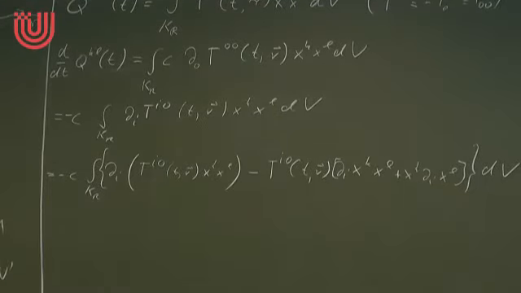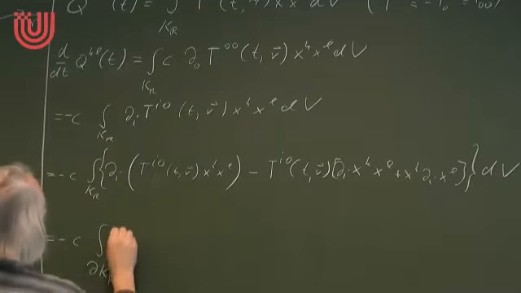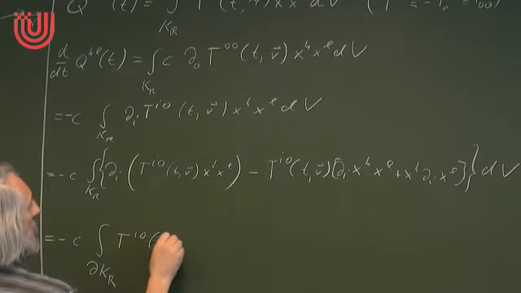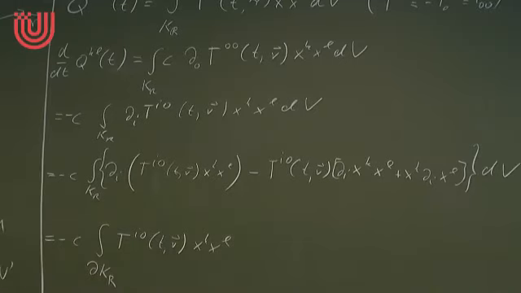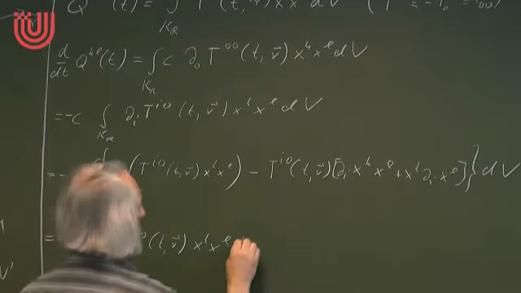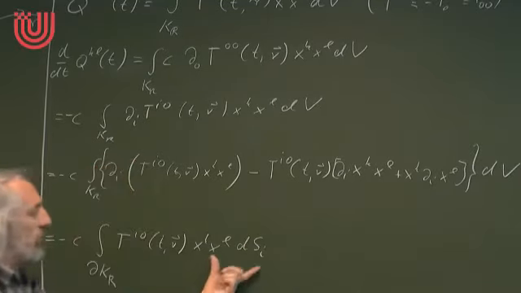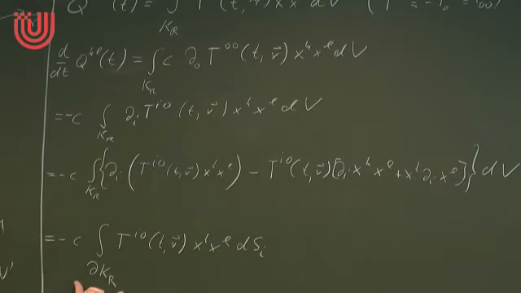So the first integral is now a divergence. So I can use the Gauss theorem. And with the Gauss theorem, I get an integral over the boundary of K_R, over this expression T^{i0}(t, r) x_k x_l. And the volume integral becomes a surface integral. So now I need the surface element. I'd call it dS_i. That's the surface element on this sphere. Yeah?